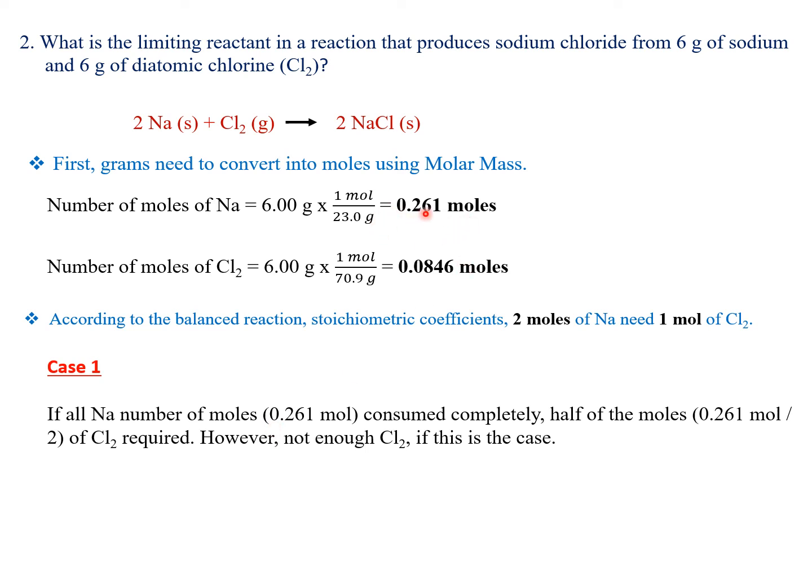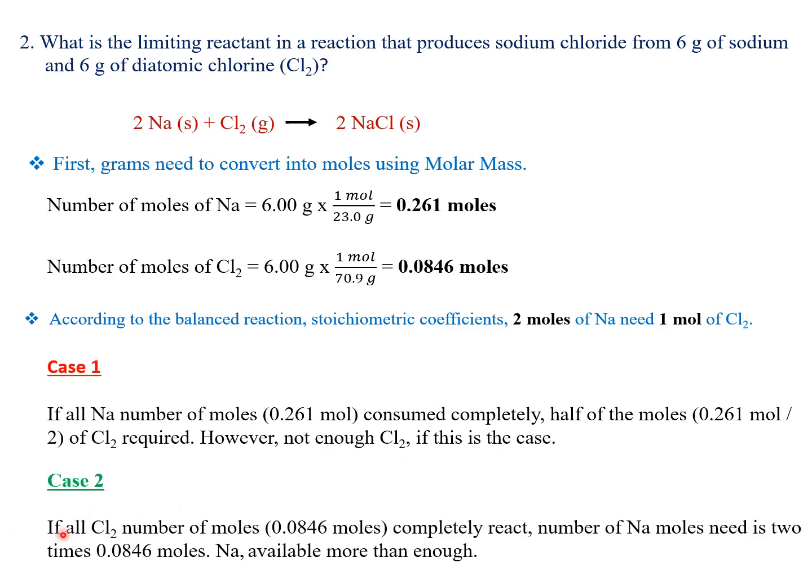So if all 0.261 completely consumed, according to the ratio, half of that amount of chlorine is required. So 0.261 divided by 2 is 0.1305. So we don't have that much chlorine. So this is not the case then.